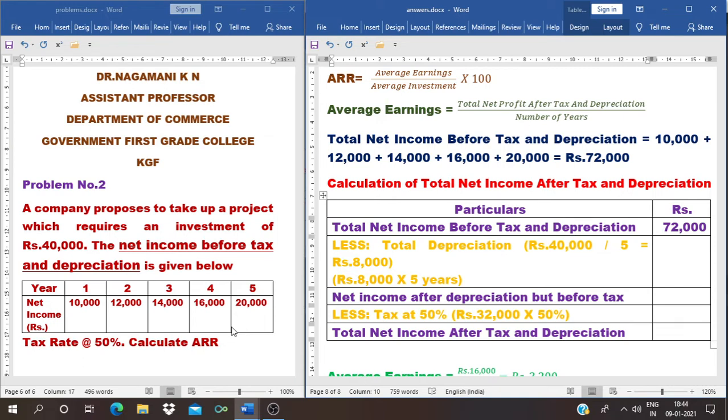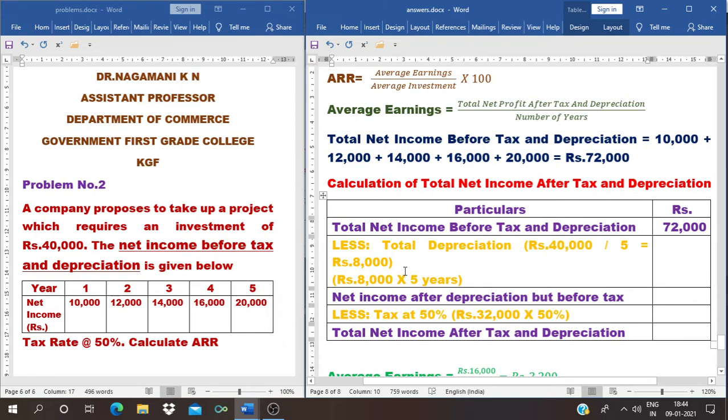Here depreciation amount is not given in the problem, but for the purpose of calculating the depreciation, the formula is initial investment divided by number of years. Initial investment is given, that is 40,000, and number of years is 5. 40,000 divided by 5 is 8,000.